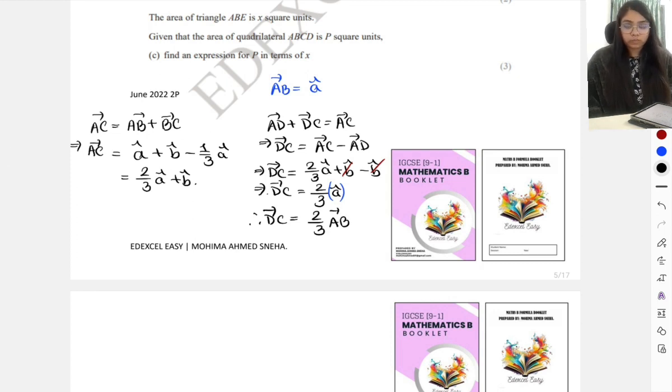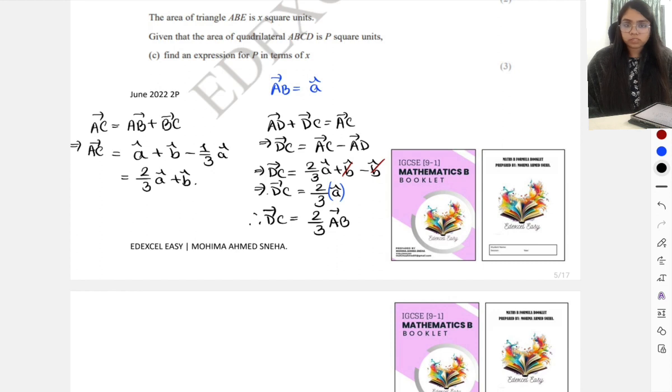So as I've already stated at the very start, if two lines have constant ratios between them, like 2 by 3, 5 by 4, these are constant ratios. If two lines have this kind of ratio, we are going to conclude that these two lines are parallel, collinear, or create a straight line. Or if they directly ask you to find the ratios, these are the ratios, right?